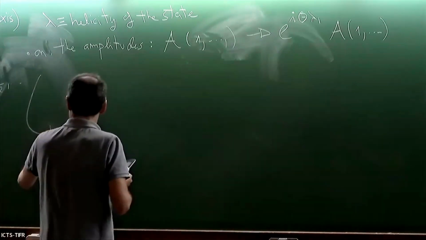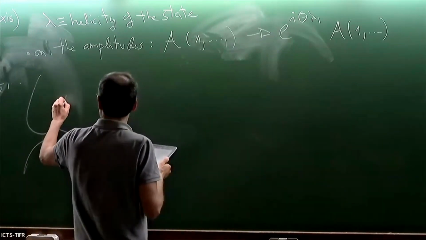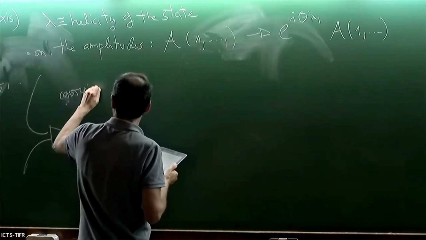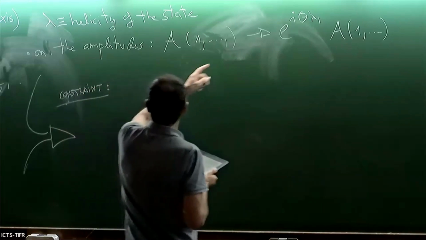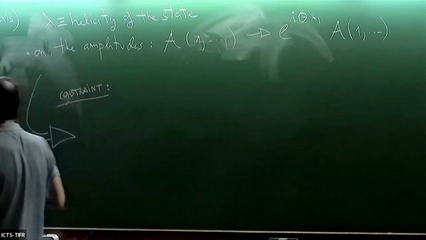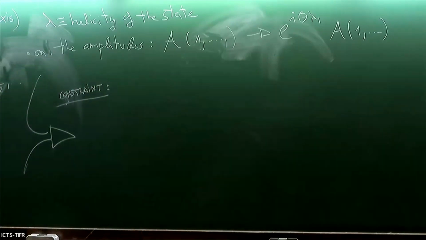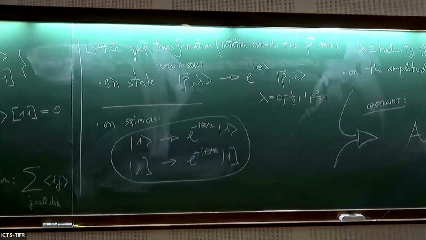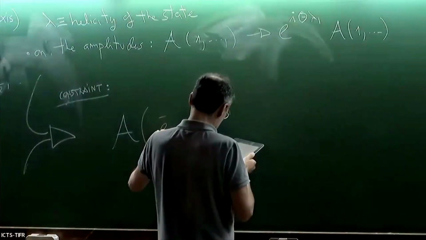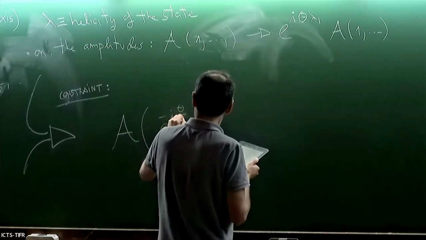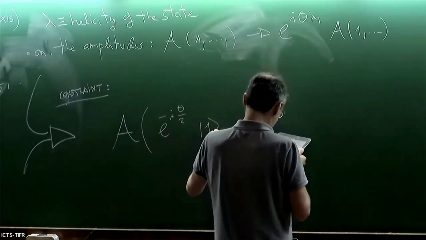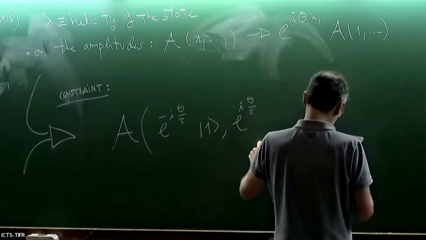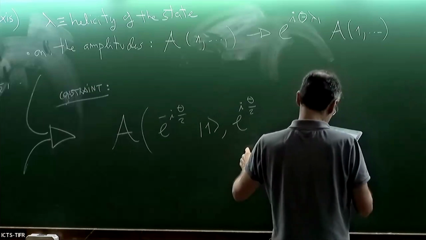The idea is that all this together gives you a constraint, because the transformation under the little group will have to, if I write the amplitude as a function of this object, be given by these objects. I'm looking only at one particle here, not to make a big formula.